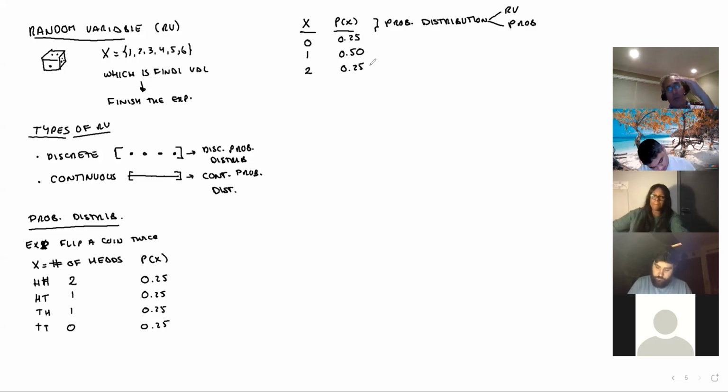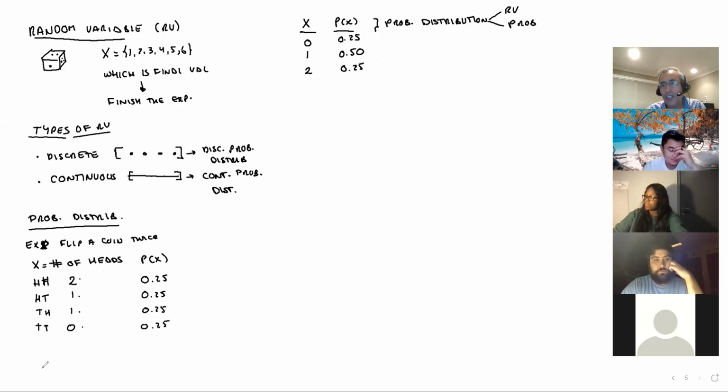So I have all the possible values of X, my random variable, and attached to each of these possible values, its probability of occurrence. So this would be a discrete probability distribution. Exactly. This is a discrete probability distribution because I have discrete values.